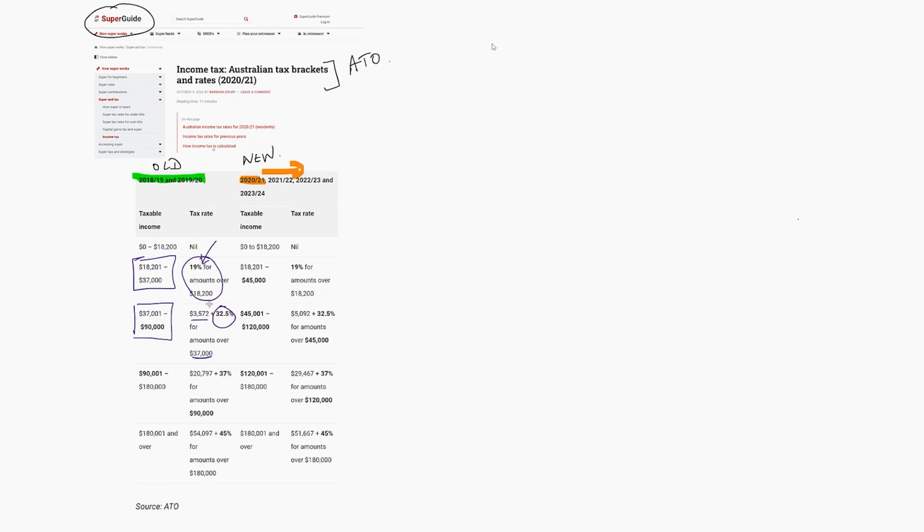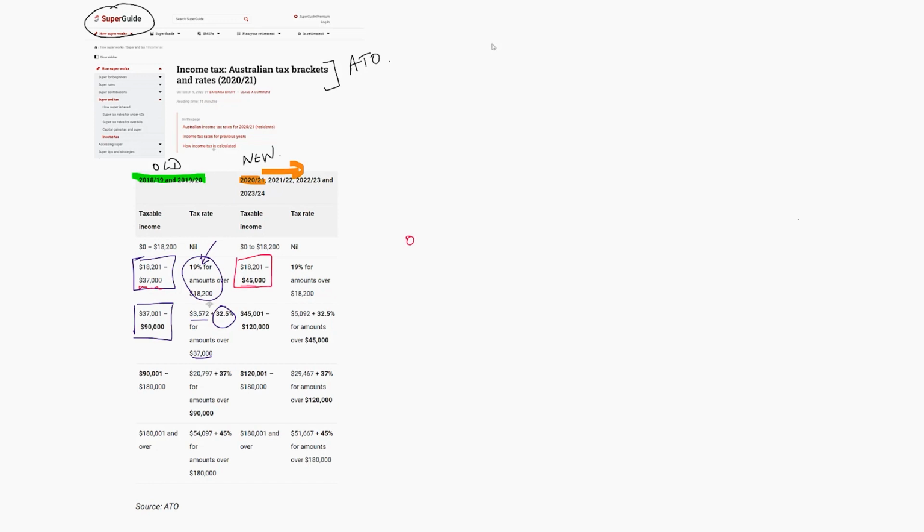Okay, so let's look at the new situation. Can you see here what the government has done is they have expanded this bracket? So before it used to stop at 37, now it's at 45,000.